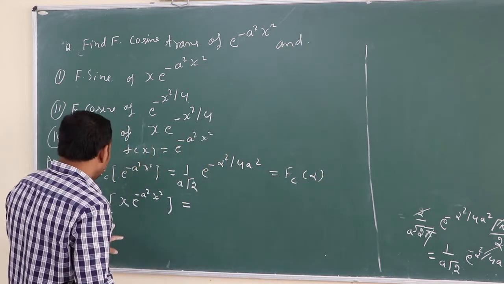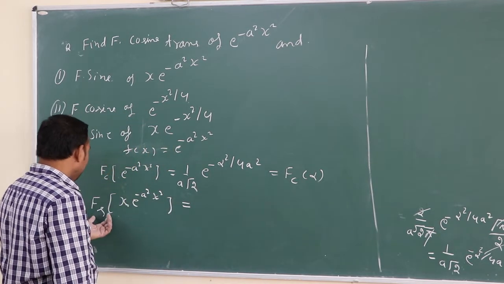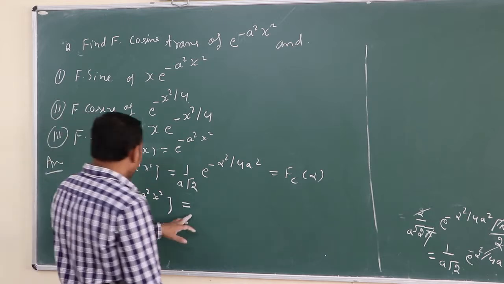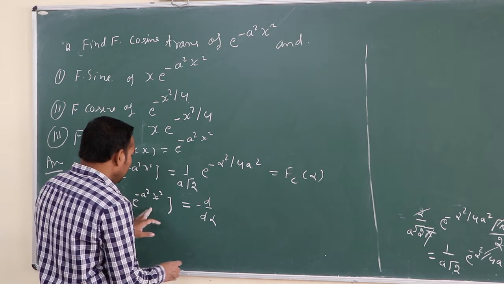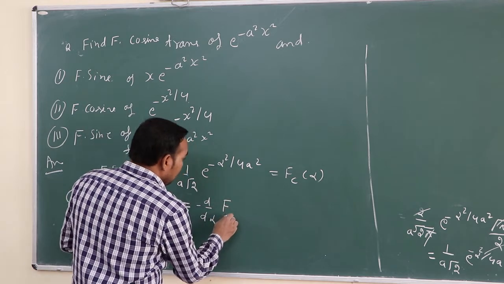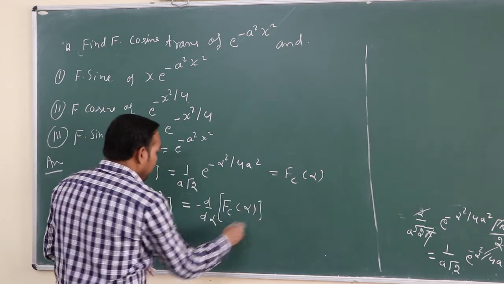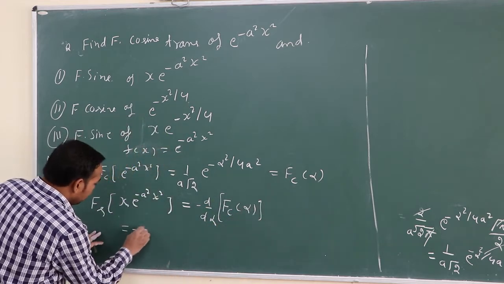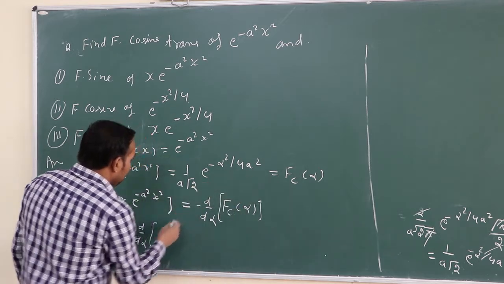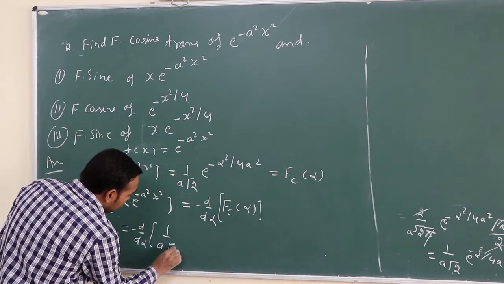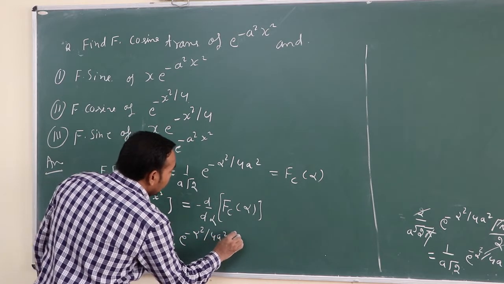As we know, this is minus d upon d alpha of the Fourier cosine transform of f x, so minus d upon d alpha of f c alpha, which equals 1 upon a under root 2 pi, e to the power minus alpha square upon 4a square.